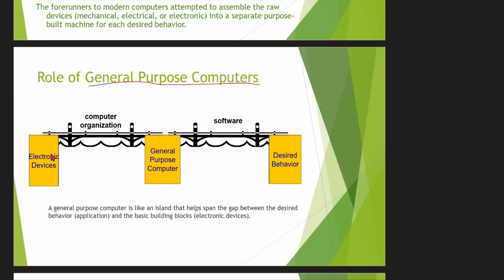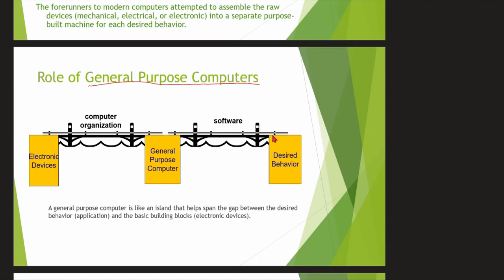We have electronic devices and we want some desired behavior, and that behavior is implemented using this general purpose computing system. So we have the basic electronic devices, and we organize them such that we get a general purpose computer system.